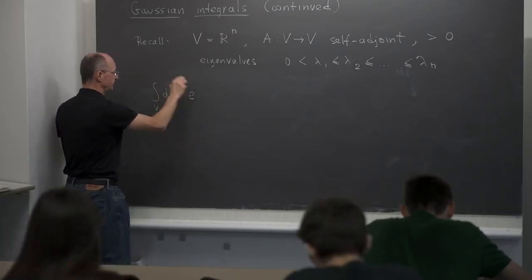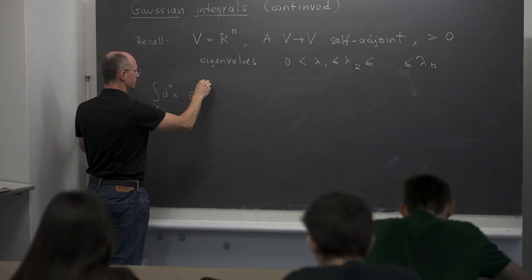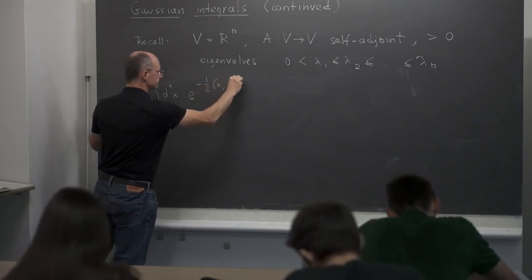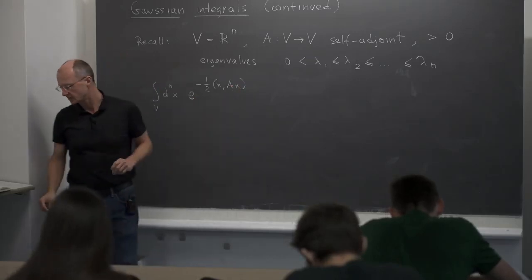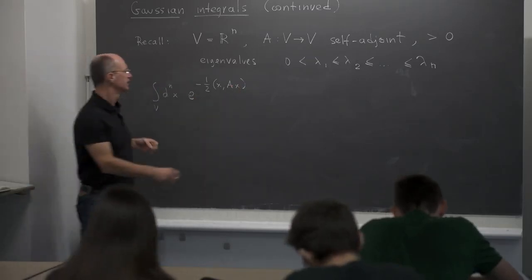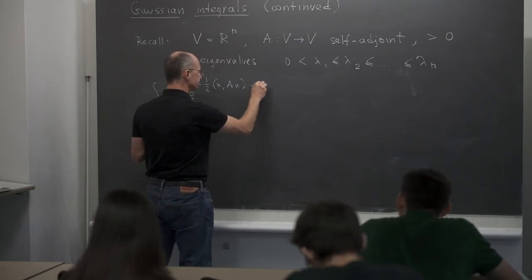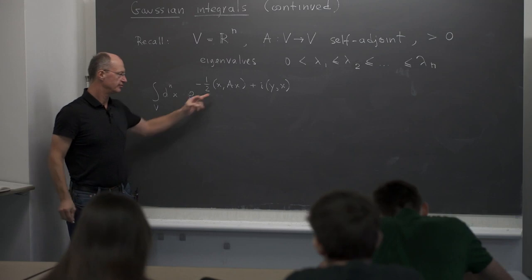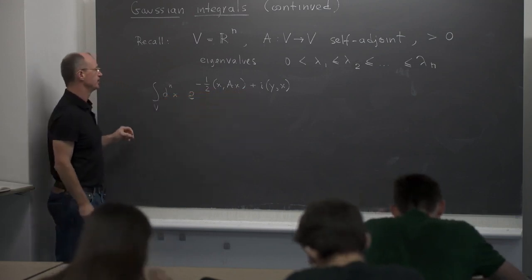So then we have the following formula for the Gaussian integral, and let me add a linear term with an imaginary exponential.